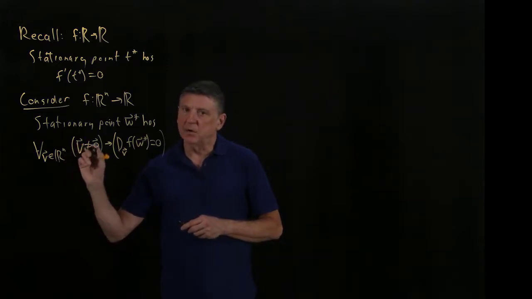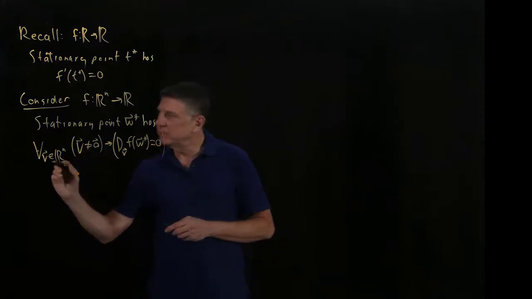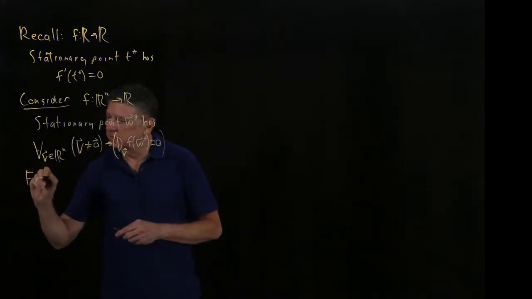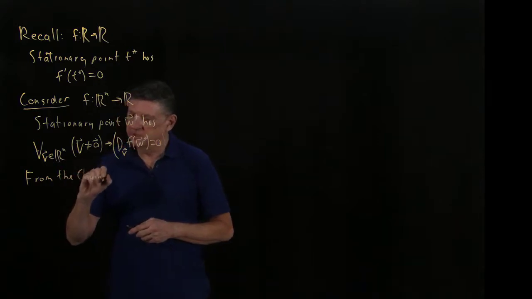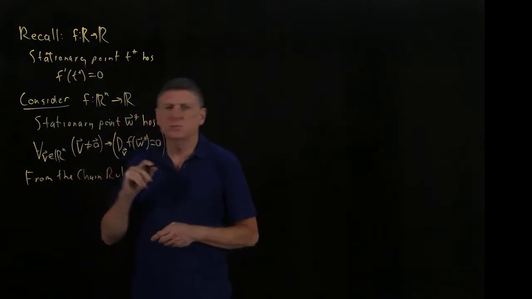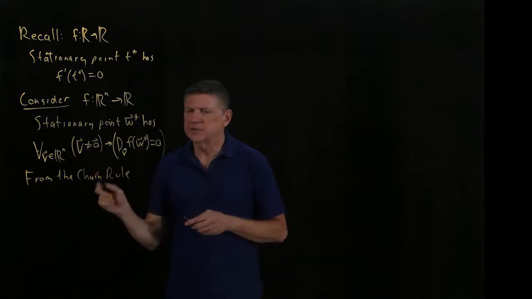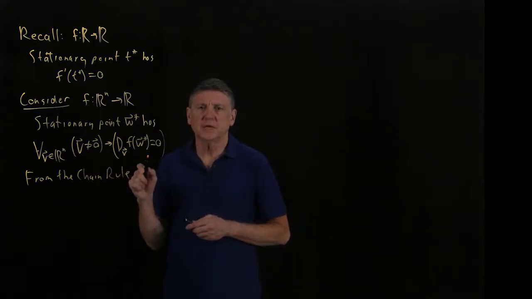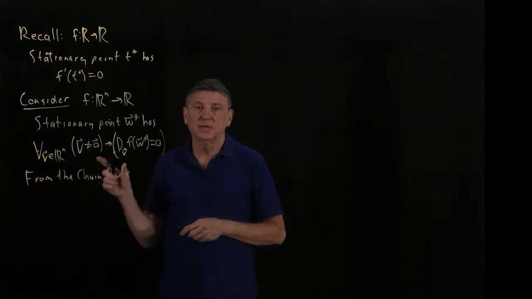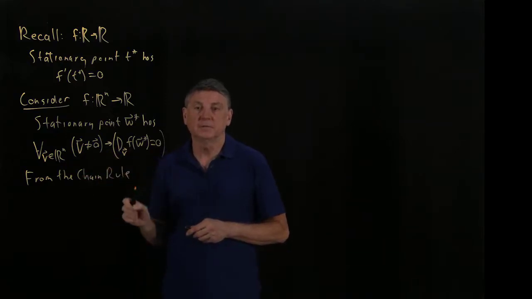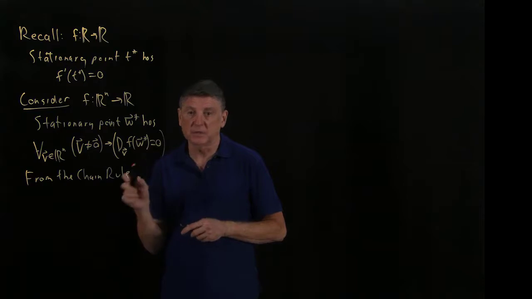So now we can use the chain rule. Let's remind ourselves at this point that the chain rule is what's used in multivariate calculus to connect the gradient to the individual derivative components.